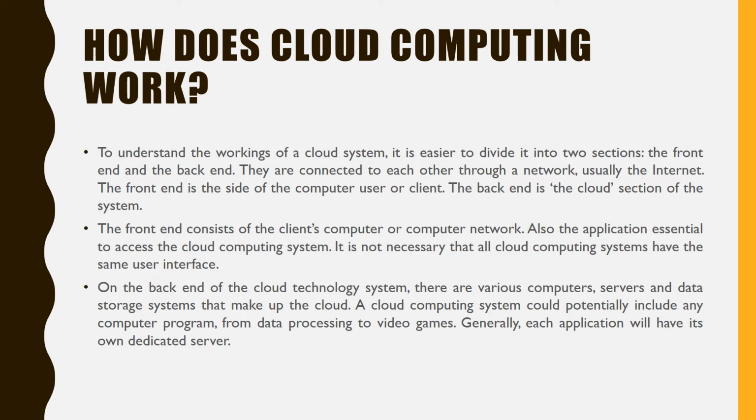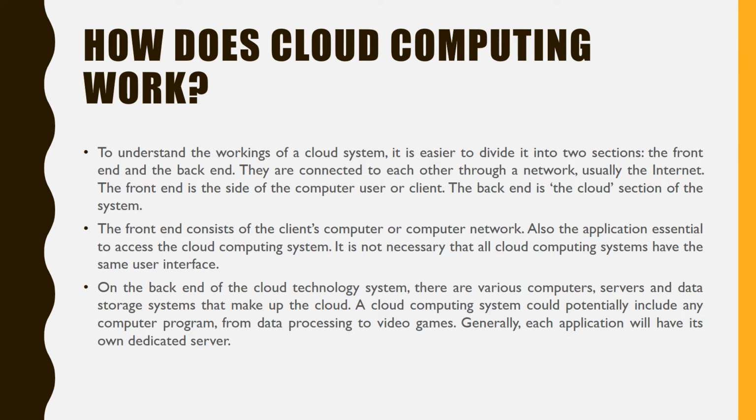Now, the front end generally is the client's computer or the client's computer network. It is not a compulsion that the computer network in the front end is a single computer. It may be a type of LAN also, which can connect to the cloud.